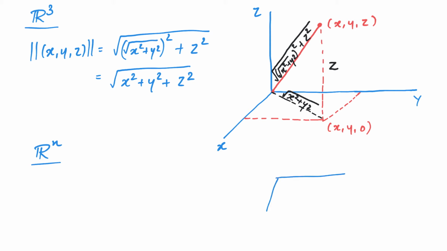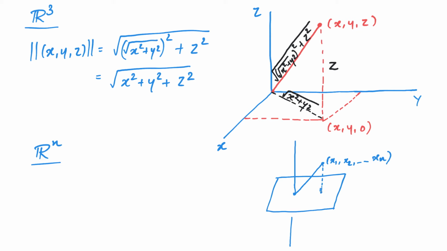Consider Rn minus 1, and if to that you add the xn axis, you will get Rn. Correct? So if you consider now a point x1 comma x2 comma etc. up to xn, then we can first project this point to Rn minus 1.